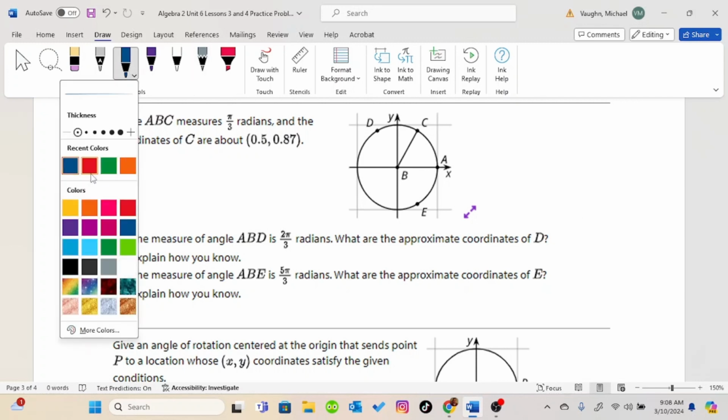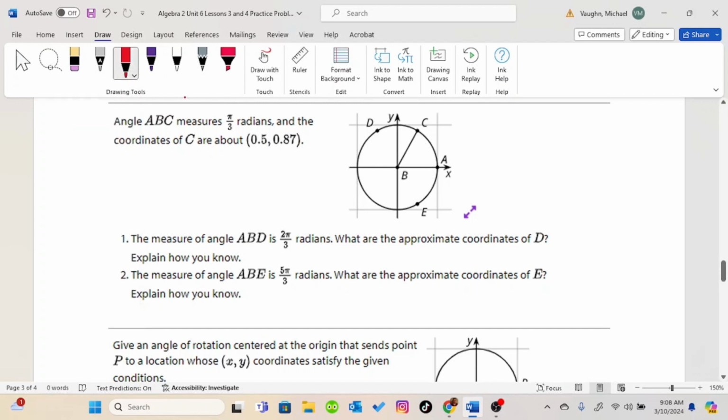So for number 1, we said this angle ABC measures pi over 3 radians. But the angle ABD is now twice that, 2/3 pi radians.